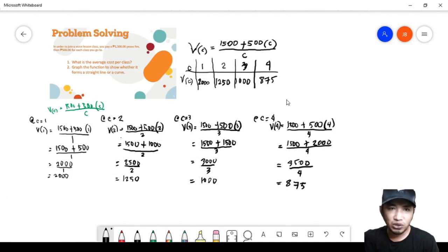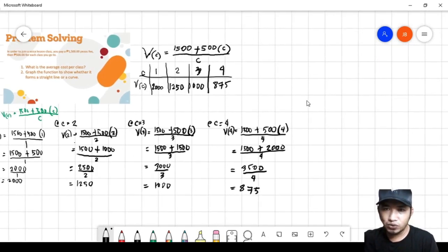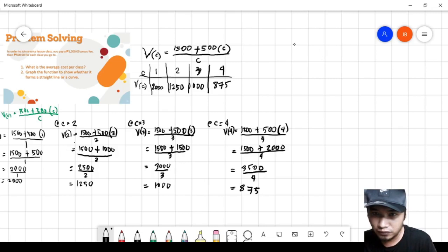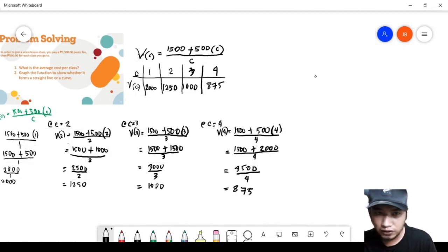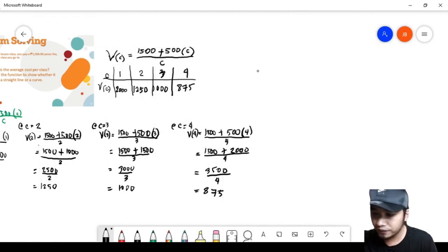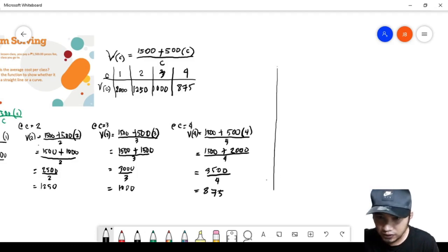Graph the function to show whether it forms a straight line or curved line. So, ano i-graph natin? Yung table of values. So, sige. So, assume that this is a straight line. And this is a straight line.